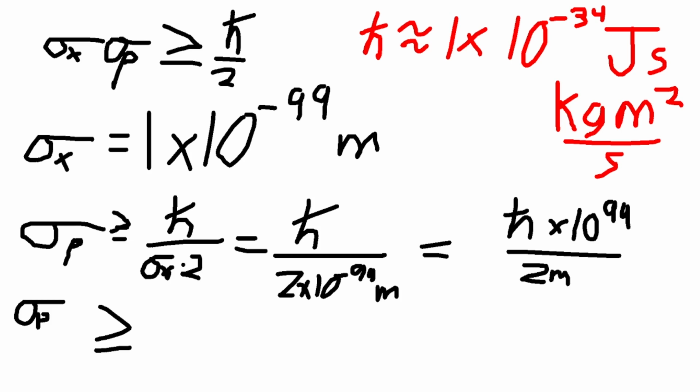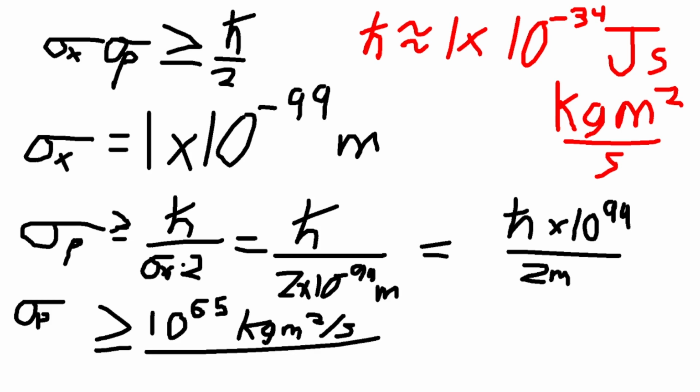So 99 minus 34 is 65. So we get approximately 10 to the 65, and then we'll have our units here, kilogram meters squared per second.